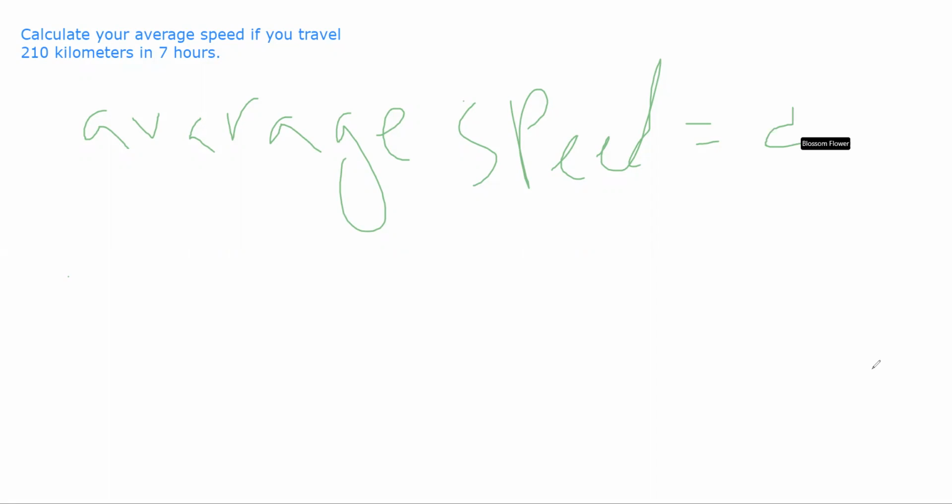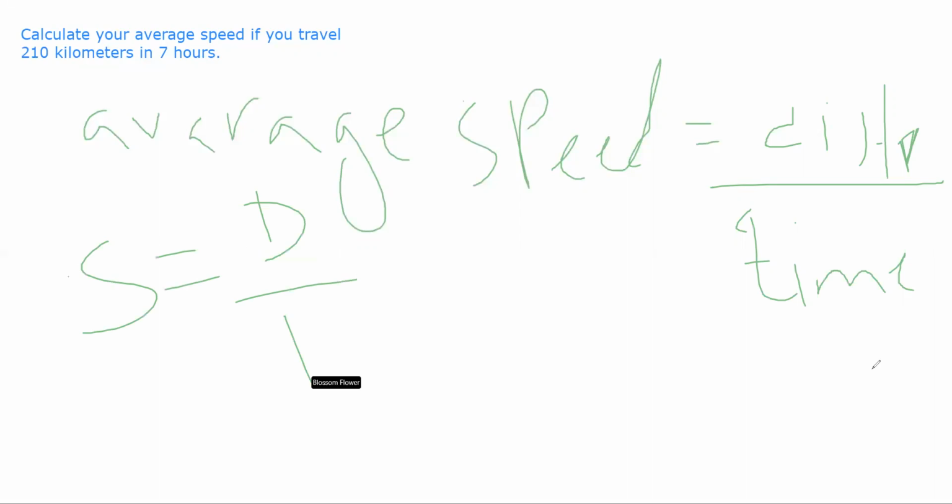So I can write it as D, distance over time. Thank you. It's going to be like this: D over t.